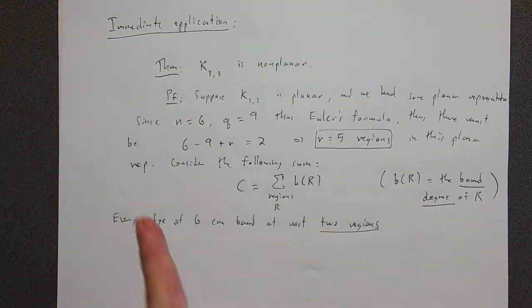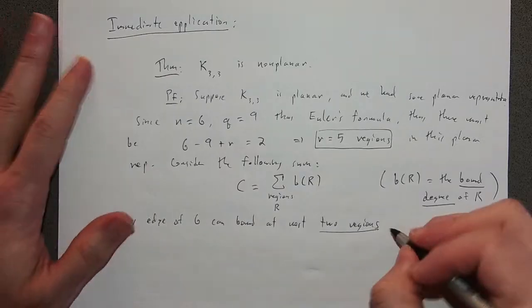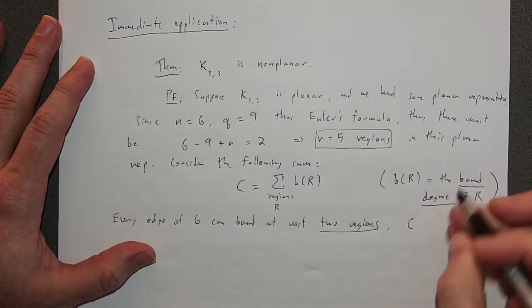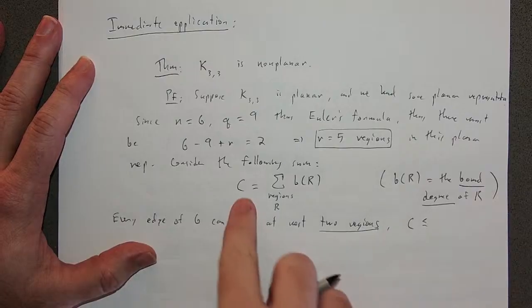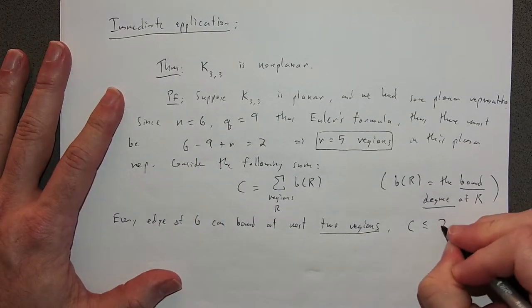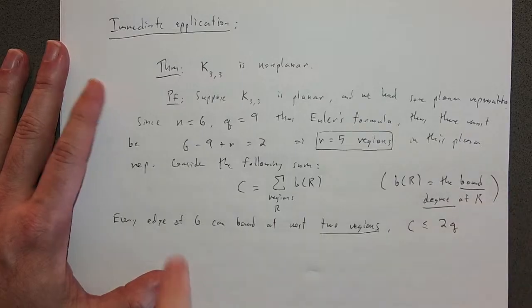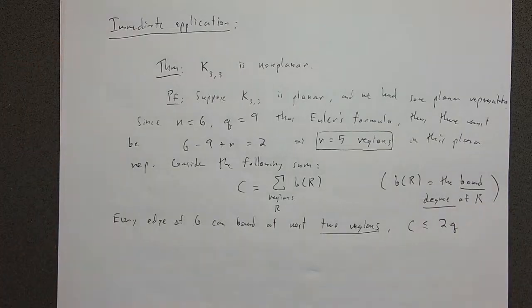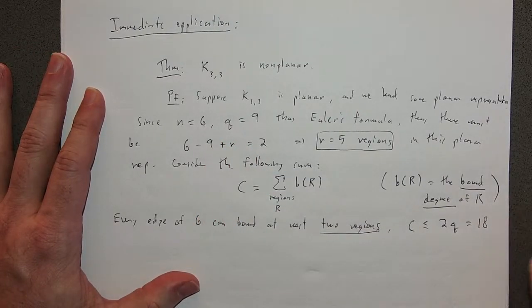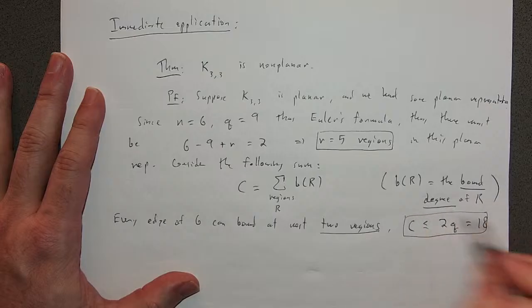There's on this side and on that side of the edge. That's what's allowed here. So in that case, this sum is less than or equal to just 2 times all of the edges, right? This is like the maximum. If every single edge bounded 2 regions, that's as big as it could ever be. But this Q, we know what that is. It's 9. So this is 18. So this C has to be less than or equal to 18.